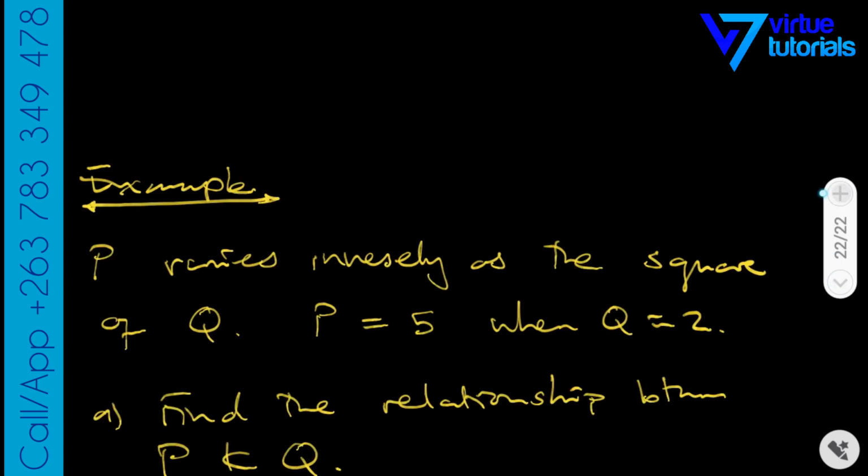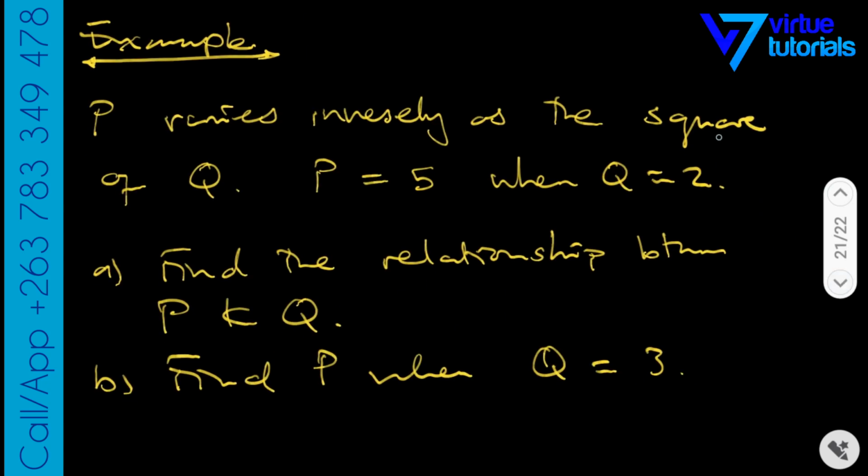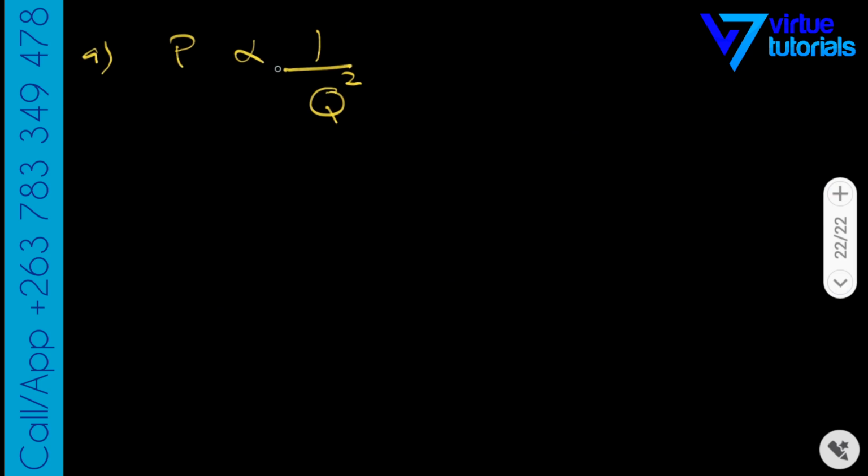So let's start with the first part. P varies inversely as the square of Q, right? That's what the statement says, the square of Q, right? And then when we remove this variation sign, we can introduce our equal sign and our constant, right? So P is equal to K over Q squared.